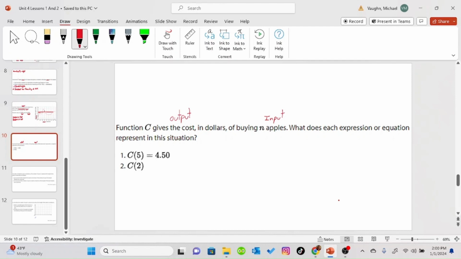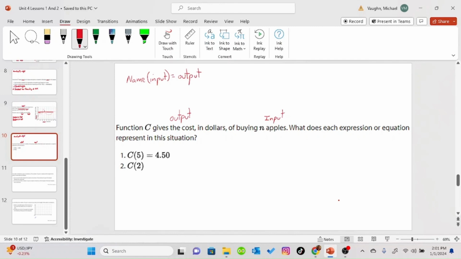So now we know that the cost in dollars is our output, and we're using a number of apples as our input. So now if we look here, remember we have the name of the function, the input in parentheses, and it equals the output.